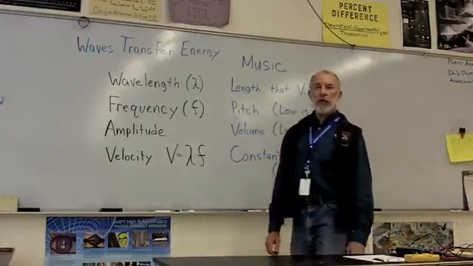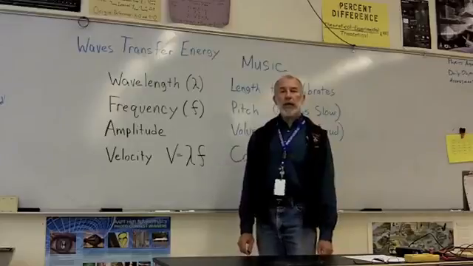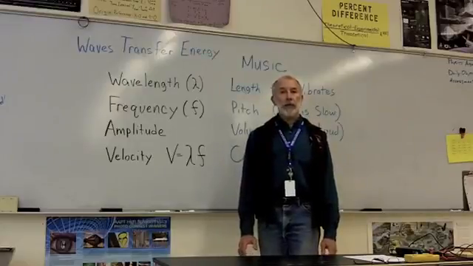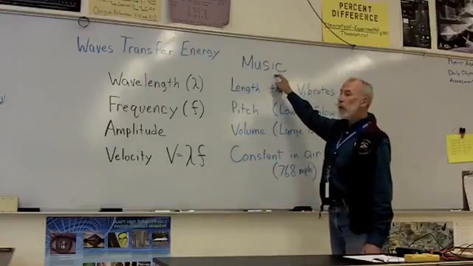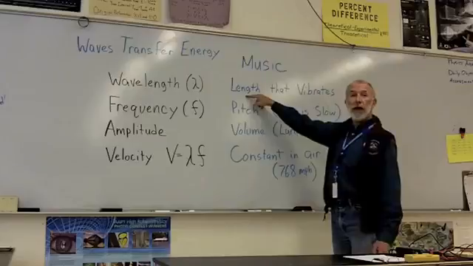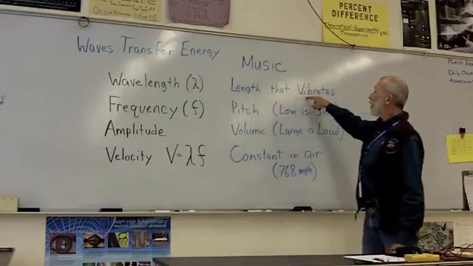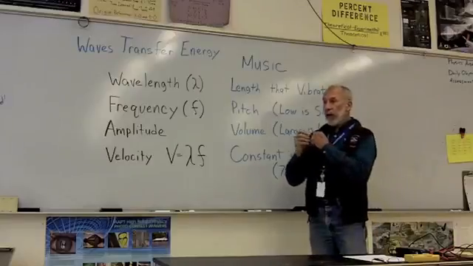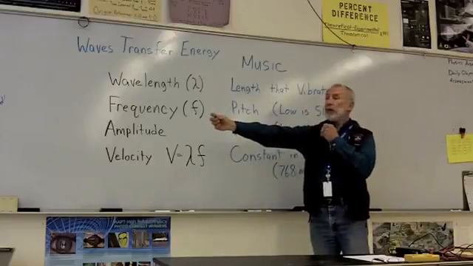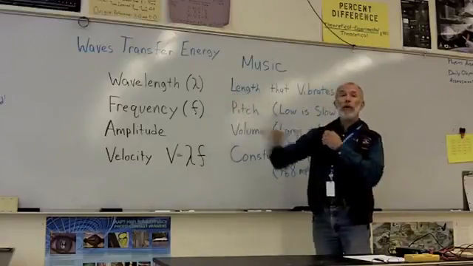Now, if we take those same four terms and look at them how they apply to music, they may start making a little more sense. In terms of music, wavelength has to do with the length that is vibrating. So if you look at a trombone, as you slide a trombone out, you're changing the wavelength.